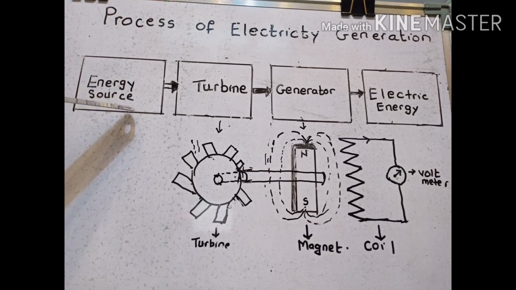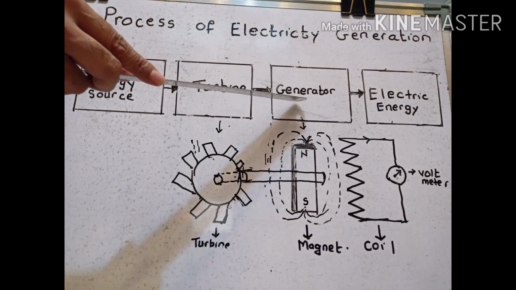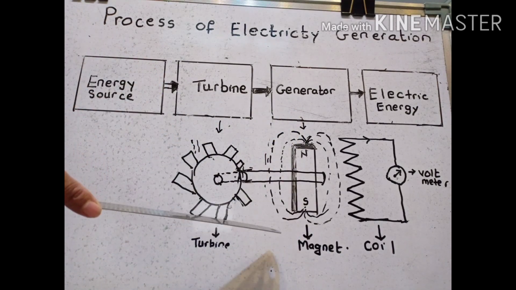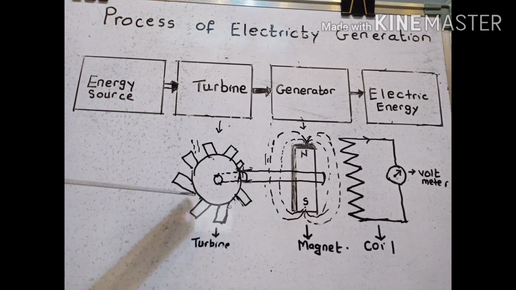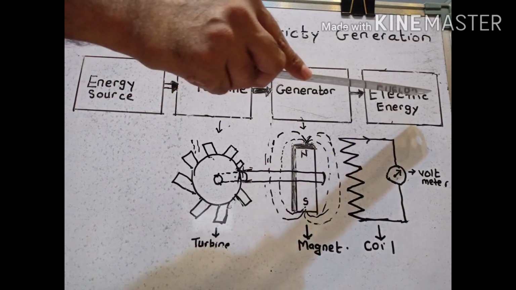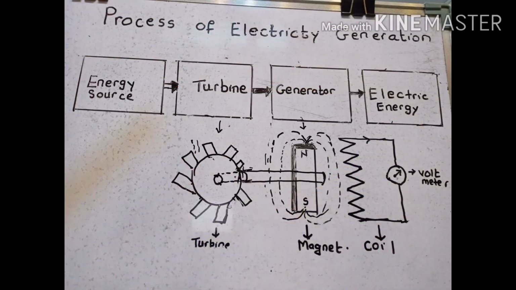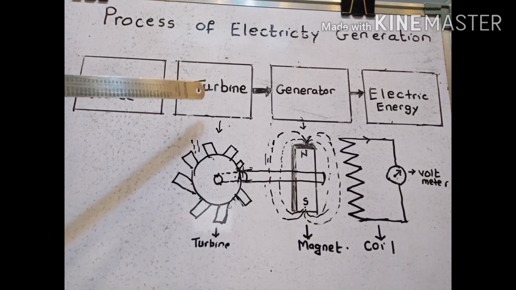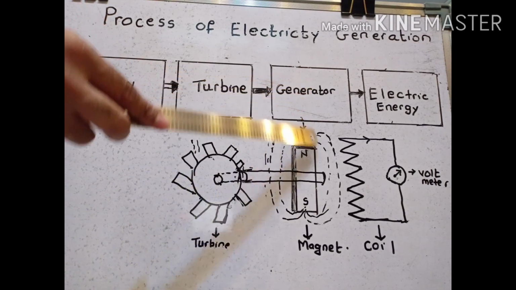So you require an energy source to drive a turbine. This turbine then runs the generator by the process that we are going to study right now, and this generator then generates the electric energy required. So what is important for us is to understand the connection and working, how the turbine operates the generator.